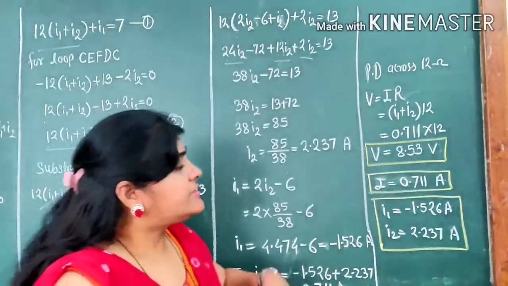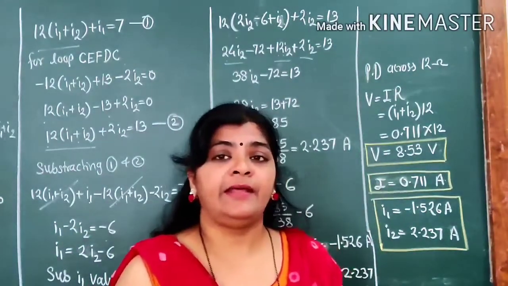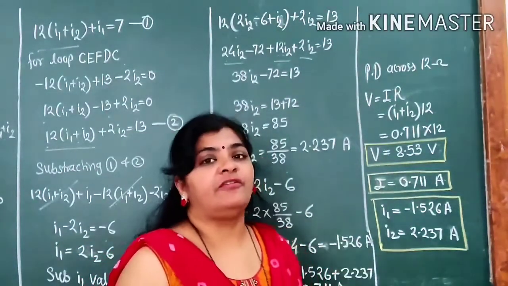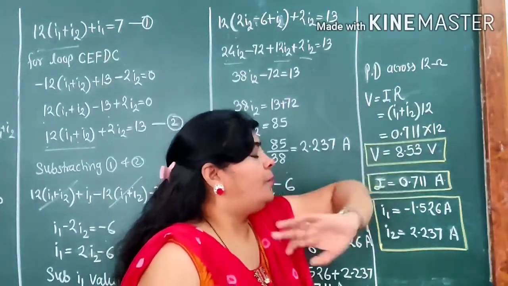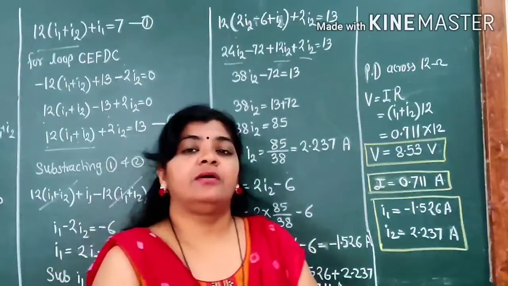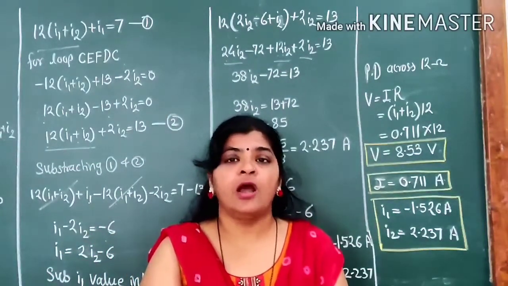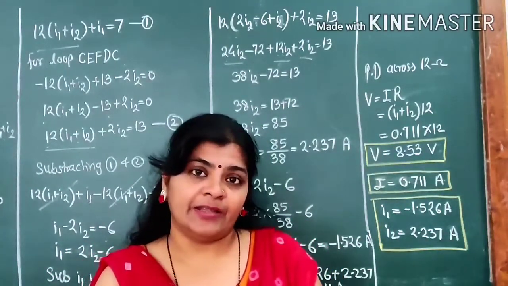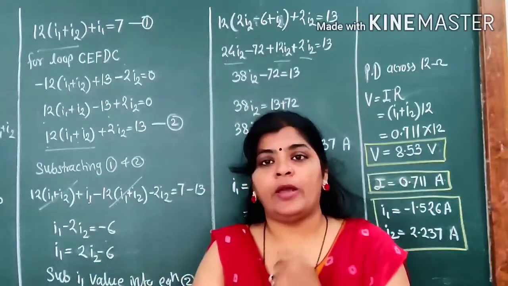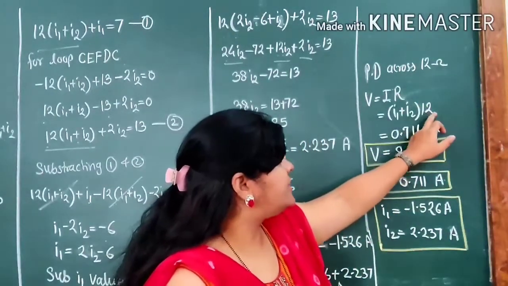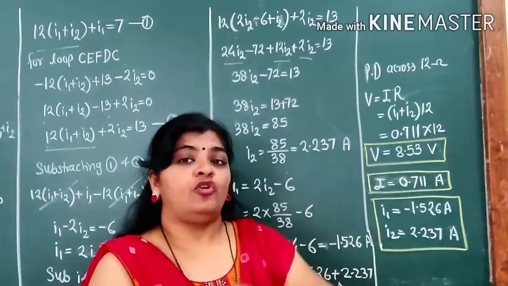Next, our question is to calculate the potential difference across the 12 ohm resistance. We know the basic formula for potential difference: potential difference is current into resistance, and the resistance here is 12 ohm. That's why R becomes 12 ohm. And what is the value of I?